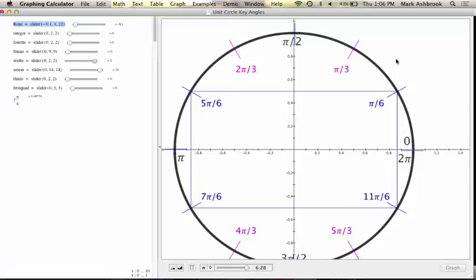Okay, so first let's estimate. So for pi over 6, the angle measure of pi over 6. Okay, so this is the angle measure of pi over 6 radians. So first of all, estimate the cosine and the sine of pi over 6. Just estimate, first of all.